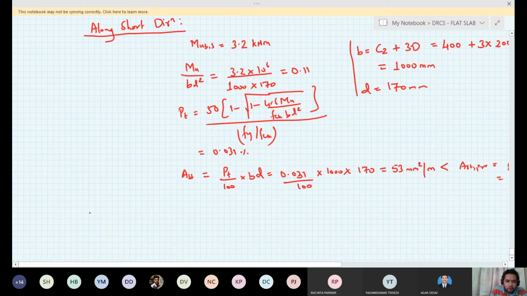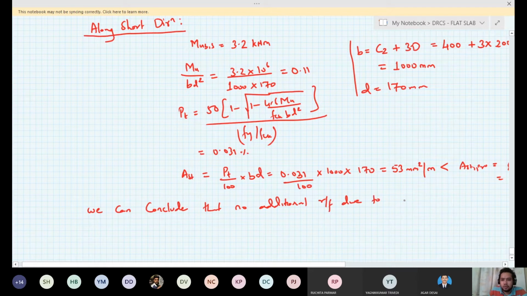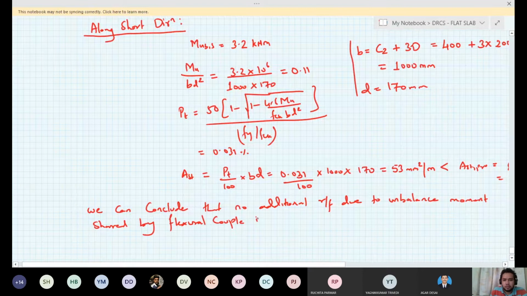So we can conclude that no additional reinforcement due to the unbalanced moment shared by the flexural couple is required. Okay, no additional reinforcement is required.